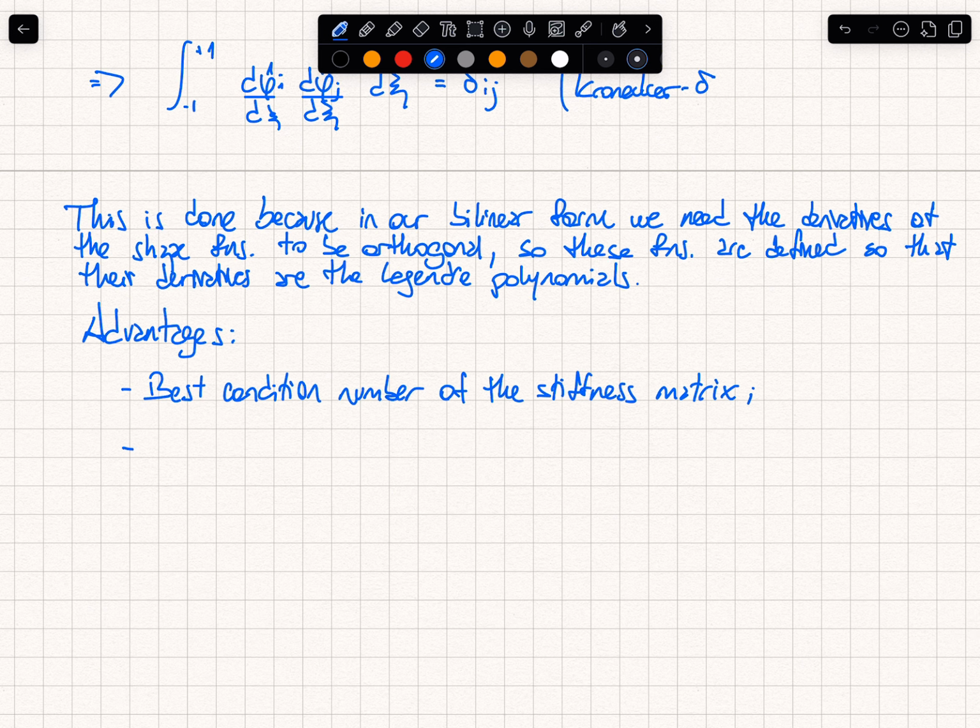And the other thing that we discussed is that, let's say for instance, if we go from quadratic to cubic, we can reuse previous computations.